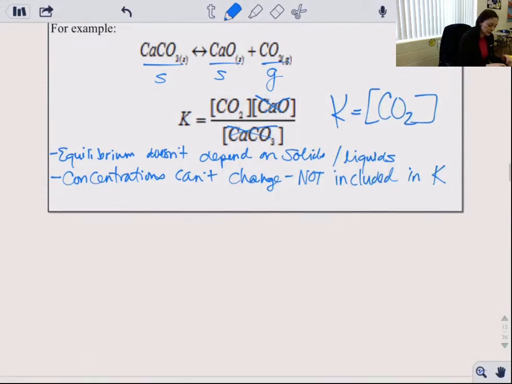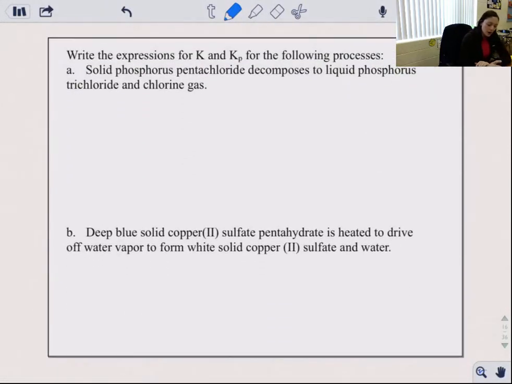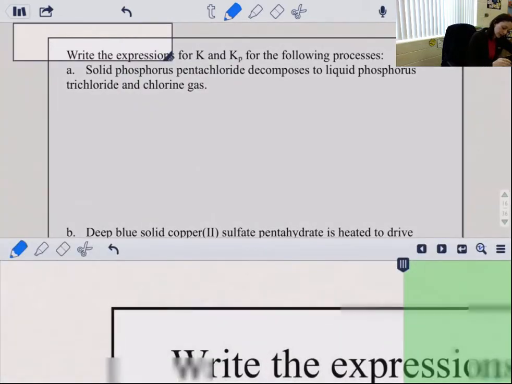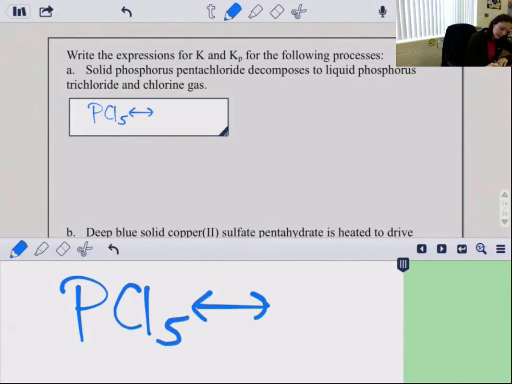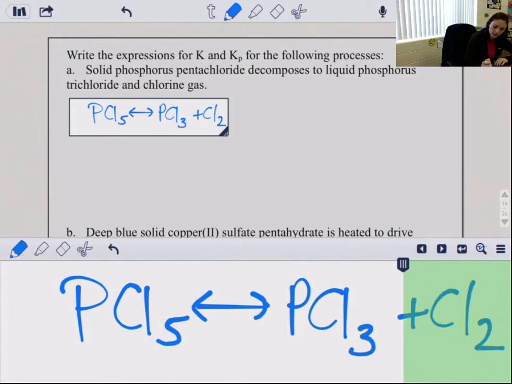So we're going to look at these two examples. Write the expressions for K and Kp for the following processes. The first we have is solid phosphorus pentachloride. I have to write the reaction out, so phosphorus pentachloride, PCl5, decomposes into phosphorus trichloride and chlorine gas.